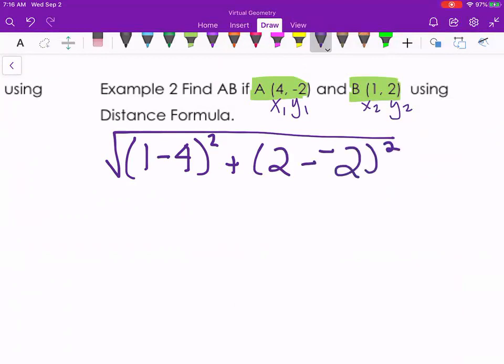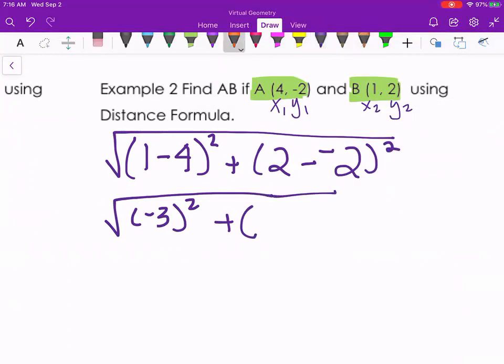So let's see what we get. Let's keep going here. 1 minus 4, that is a negative 3. And then we'll square that in a minute. 2 minus negative 2. So just keep in mind, minus a negative becomes a plus. So this is the same as 2 plus 2, also known as a 4. And then we'll square it.